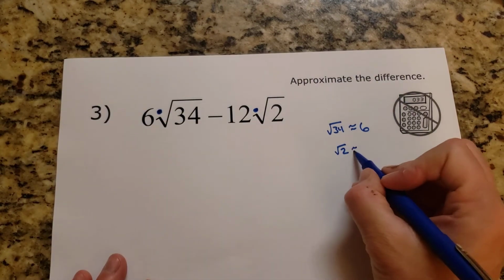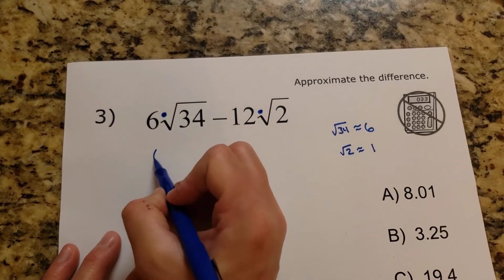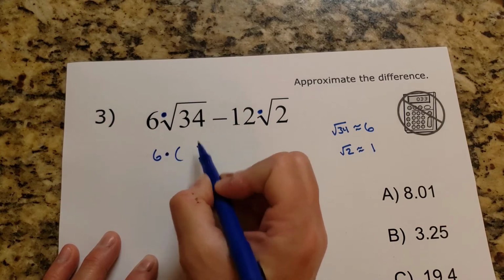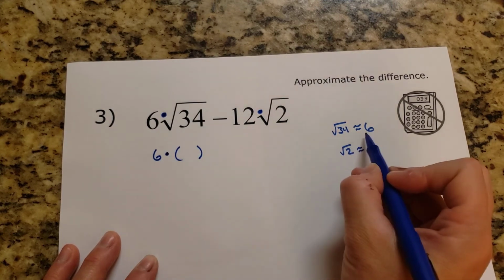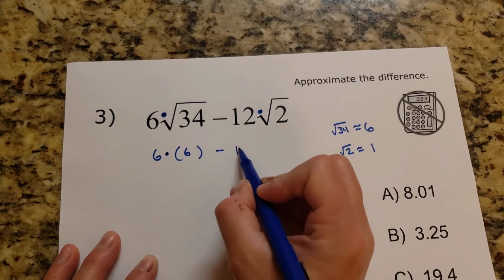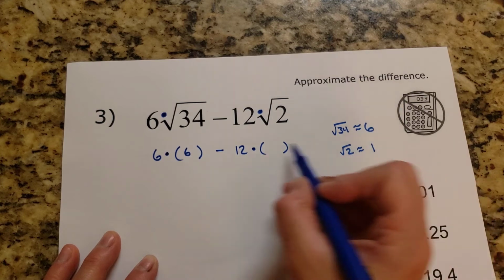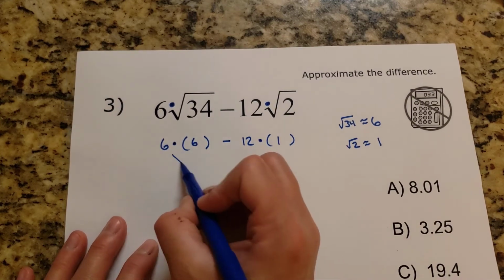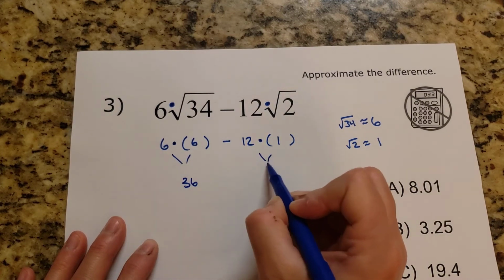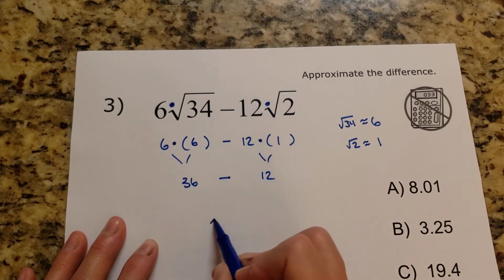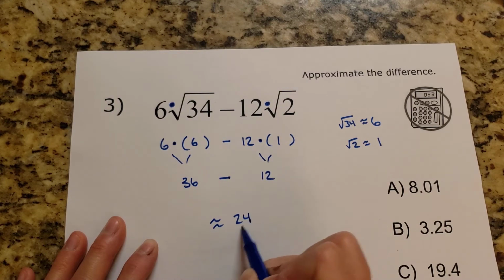So we're going to say it's about 1. So we have 6 times, and instead of writing square root of 34, I'm going to put 6. And instead of the square root of 2, it's closest to 1, I'm going to put 1. Now, when I multiply here, and then subtract, I get about 24.